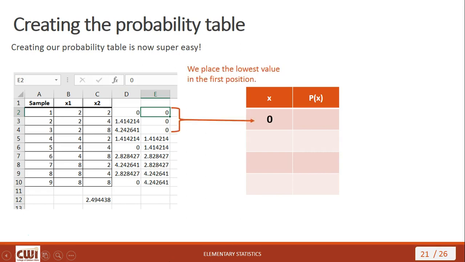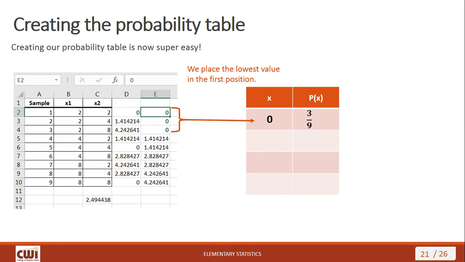We want to place the lowest value in our column in the first position. Because we sorted the data, that value is very easy to spot. It's right here at the top. So we're going to put 0 in as our first random variable because it's the lowest value here in the column. Its probability is going to be 3 over 9.